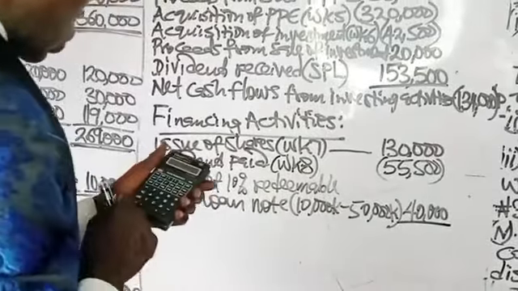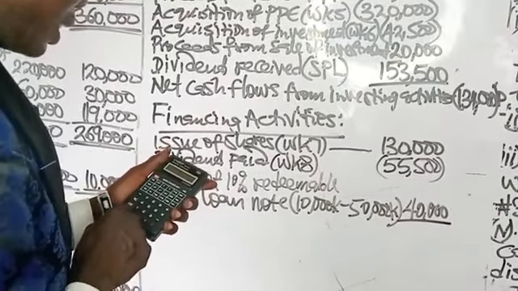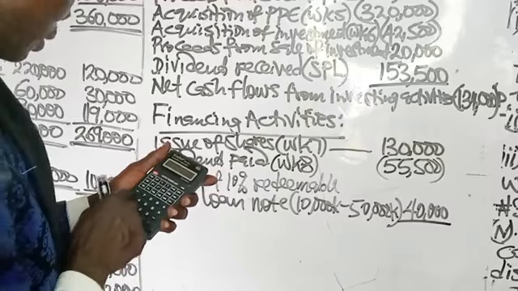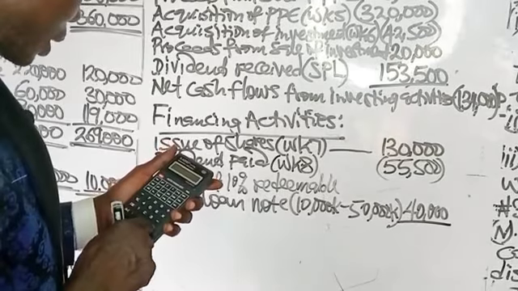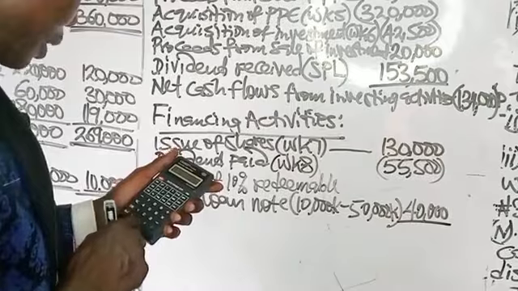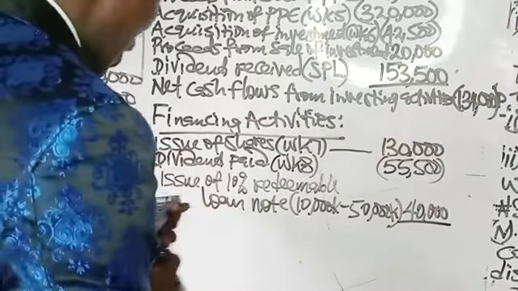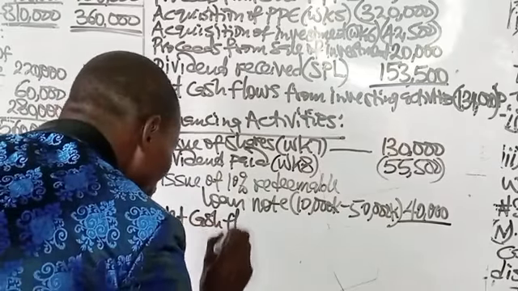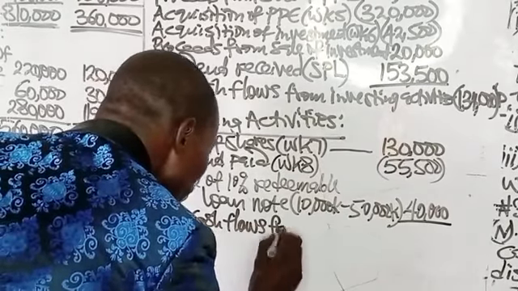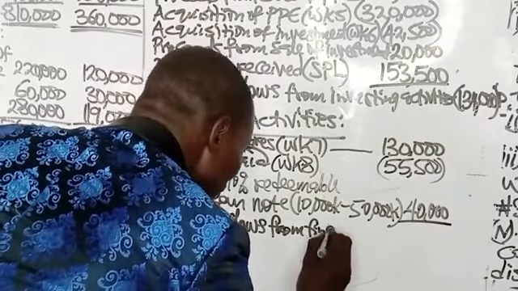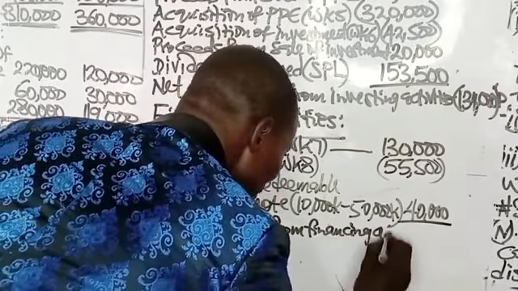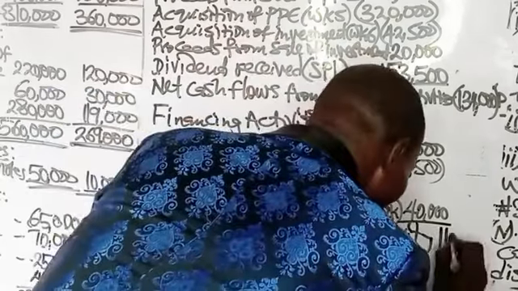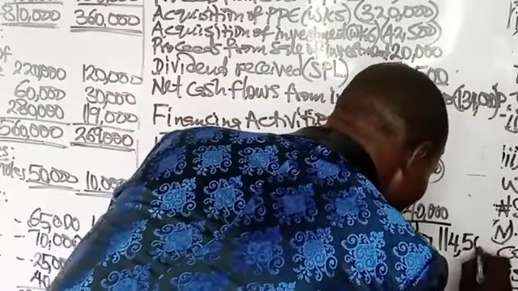Now let's roll it to total. 130 million minus 55.5 million, then plus 40 million. Then we have 114.5 million. That is net cash flows from financing activity. We have 114.5 million positive.